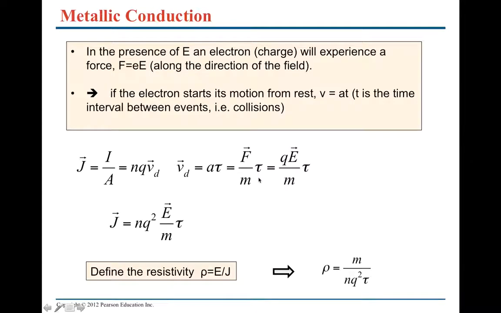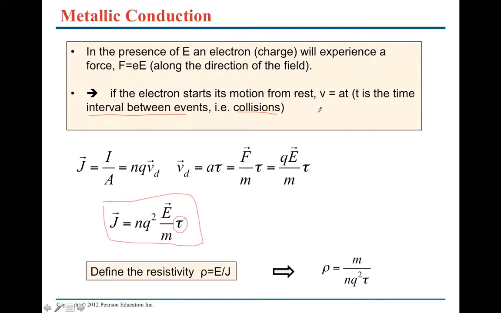All right. We also talked about this in class today, and this simply shows you the definition of the current, except now it identifies something else, which is called tau, the time interval between 2 events, i.e. between 2 collisions.